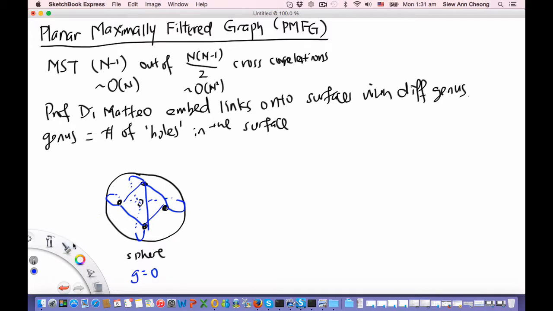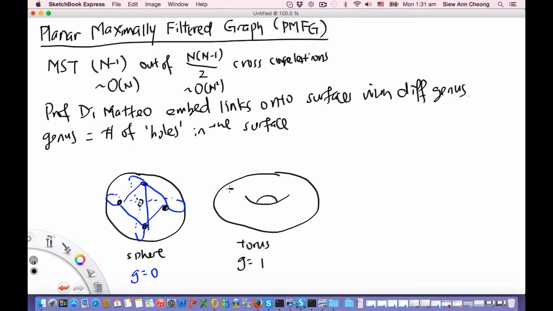It has 0 genus. And if I want to do this same embedding onto a surface with genus 1, then I will need to do it over a donut. This has G equals 1, and this is a torus.